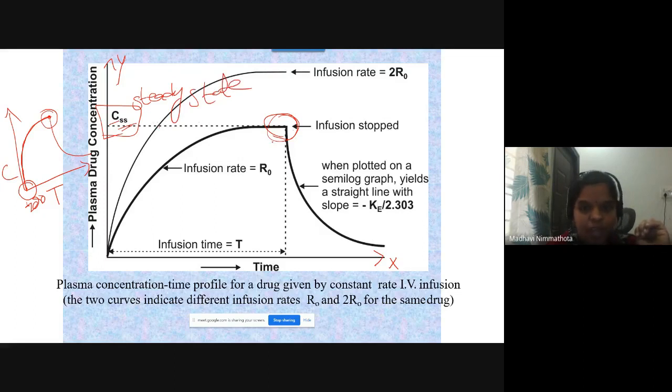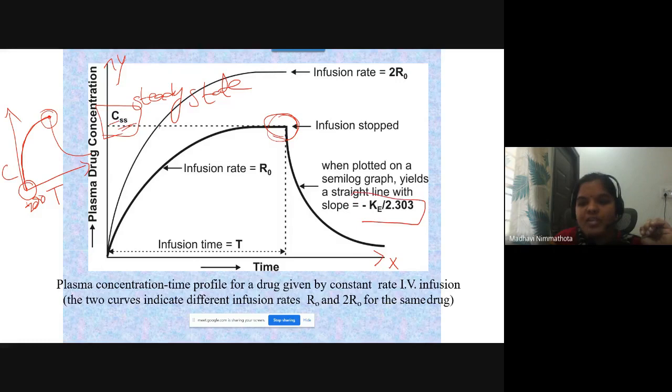At this point the infusion was stopped, and here the elimination is equal to the infusion rate. When we extrapolate it to the y-axis, we get CSS. This is called steady state. When plotted on a semi-logarithmic graph, this curved line will yield a straight line.